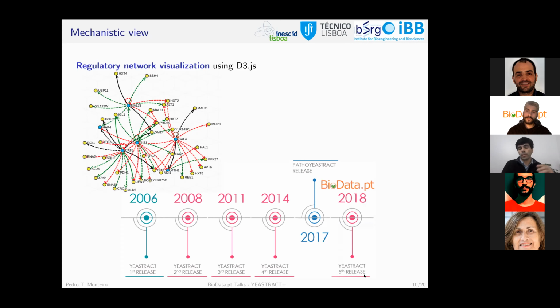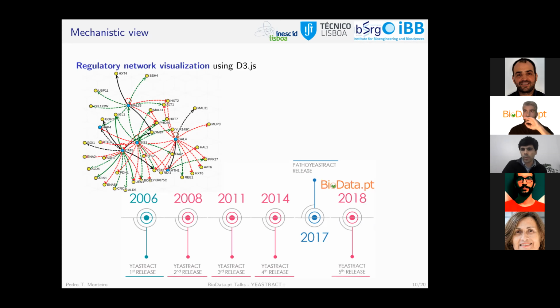We had PathoYeastract with the four Candida species, and YEASTRACT, which was like an academic database that was growing throughout the years with the problems that we all know that normally happen, which needed a major code refactoring.